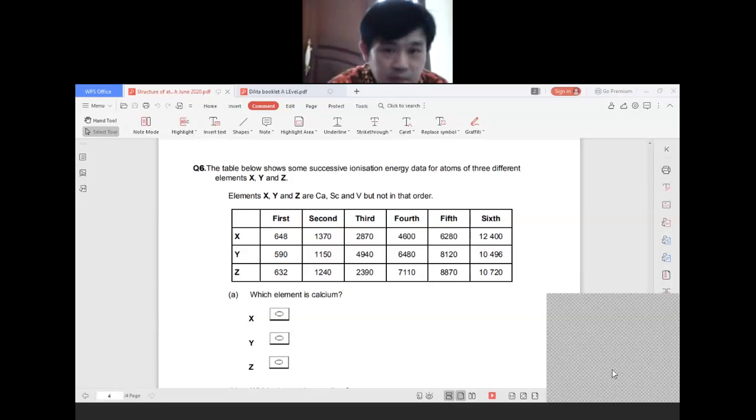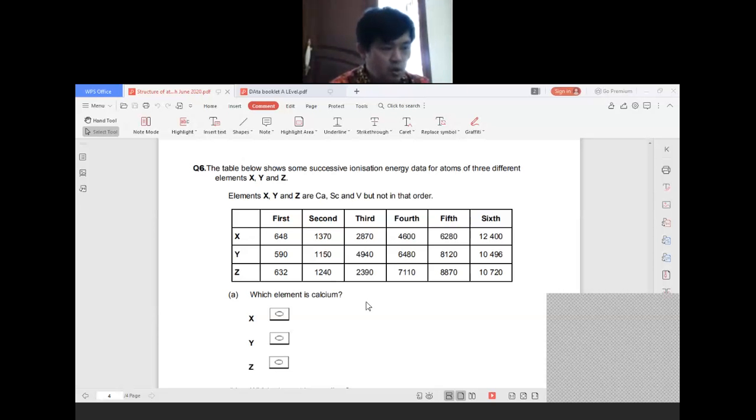Which element is calcium? Calcium must be located in group 2. It has 2 electrons in the outermost shell. If it has 2 electrons in the outermost shell, it means from the second to the third, there is a huge jump.